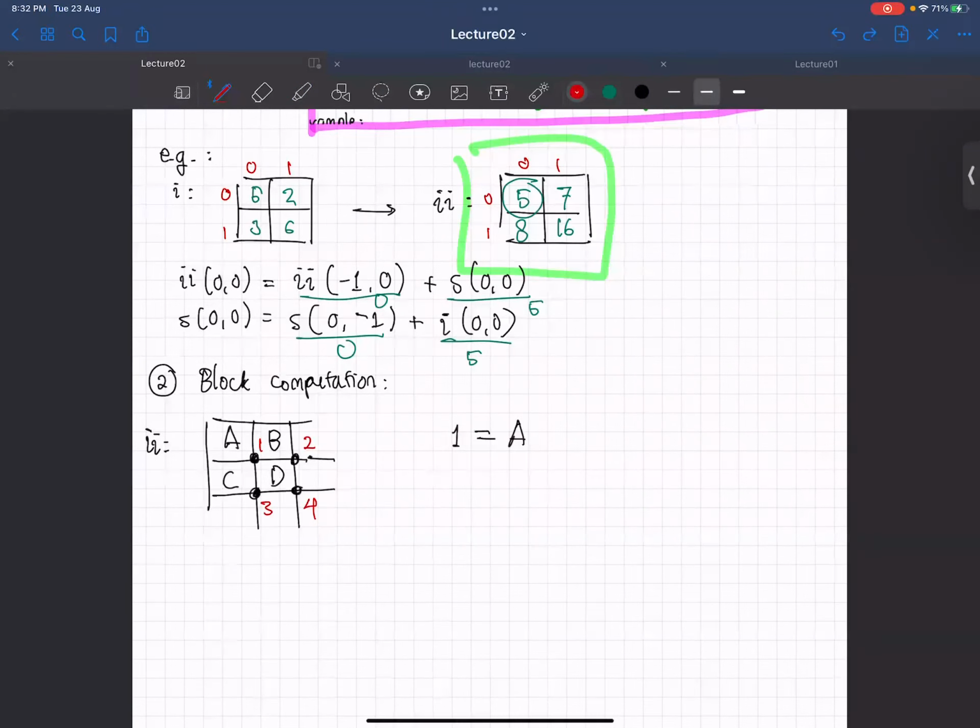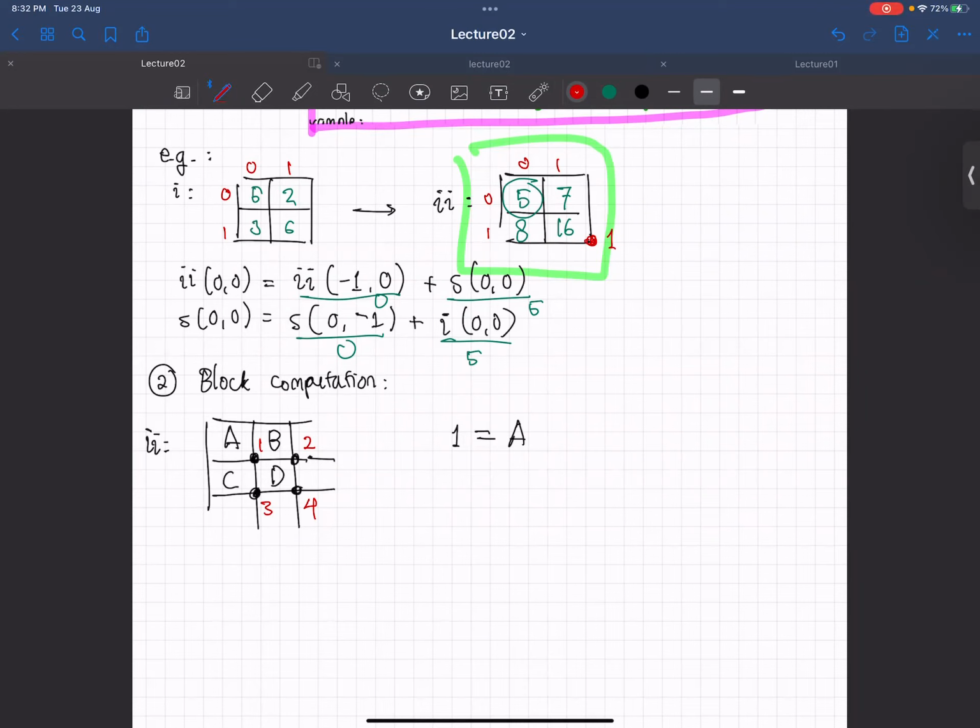But if your node 1 is in that location, then it equals 16. Okay, so that's the meaning of that node.